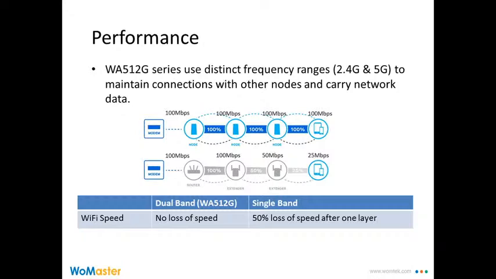However, the WA512GM series supports dual band 2.4G plus 5G and a mesh network. It will coordinate and manage the performance by itself to avoid data loss.